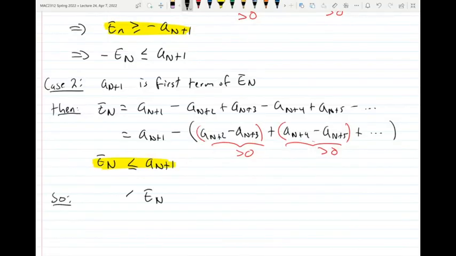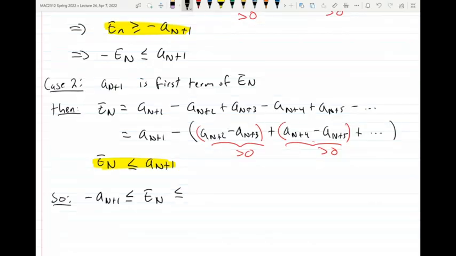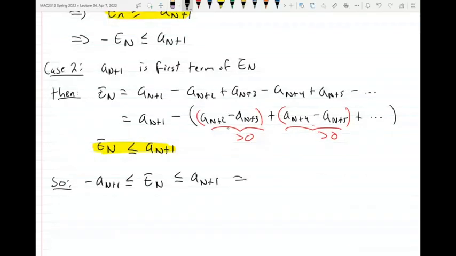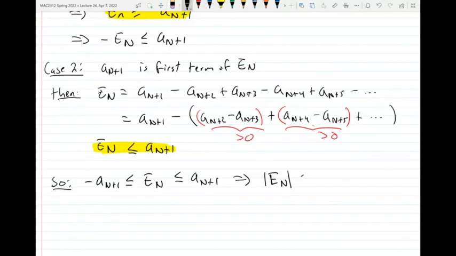What does this mean? This means that the absolute value of E_n is less than or equal to a_(n+1), because it's between this number and its negative, so when you take the absolute value, it's going to be less than this one.